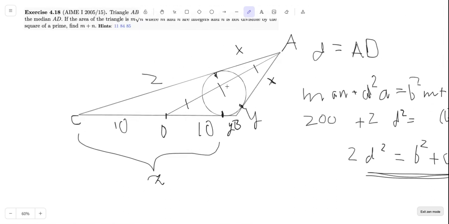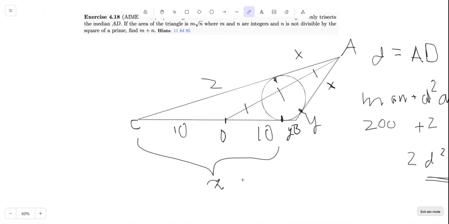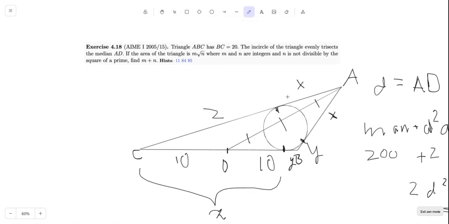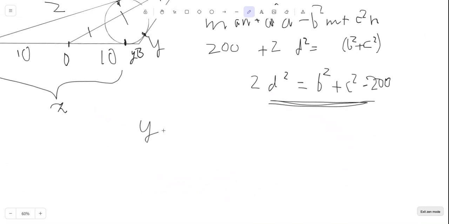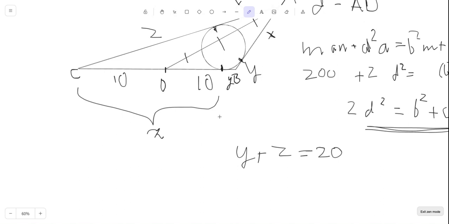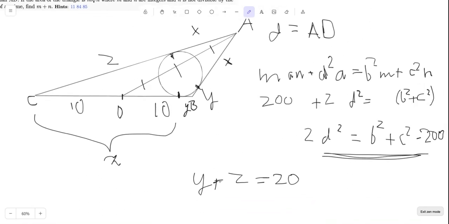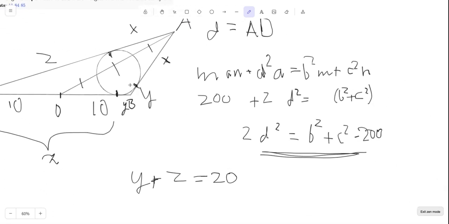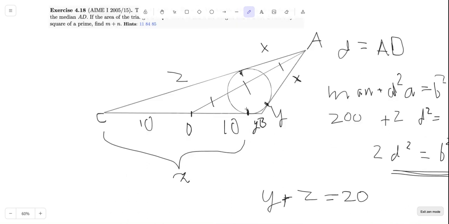So we have x plus y equals AB, y plus z equals 20, and x plus z equals AC, for example. First of all, we can use y plus z equals 20 as our first formula.